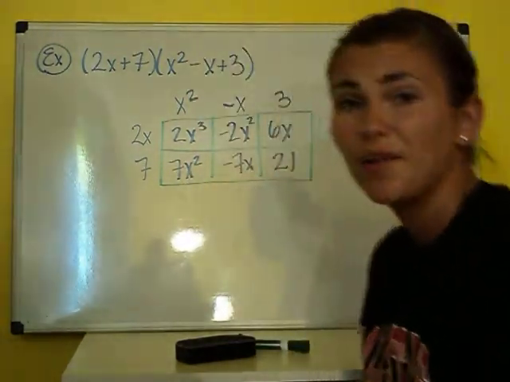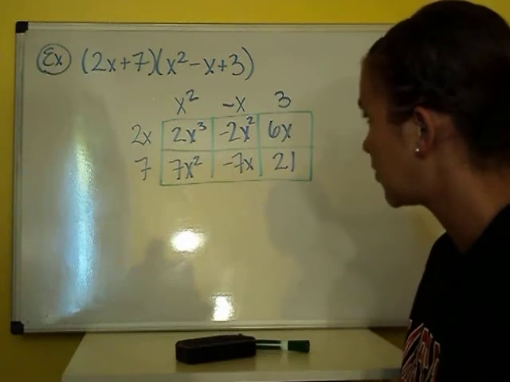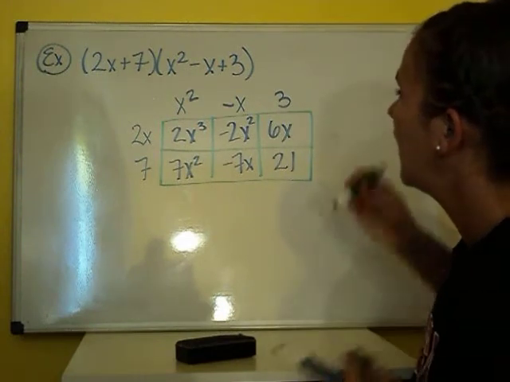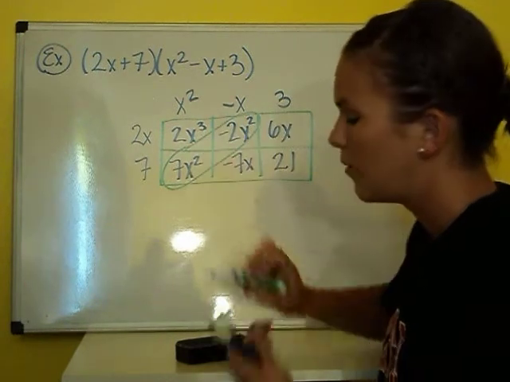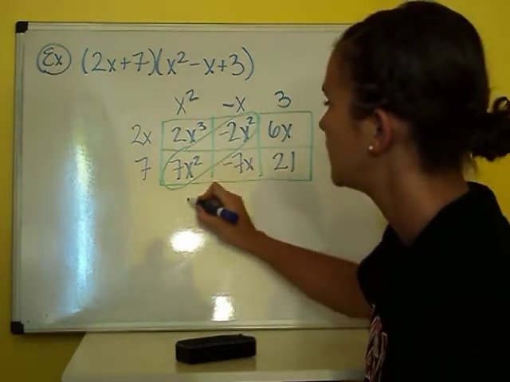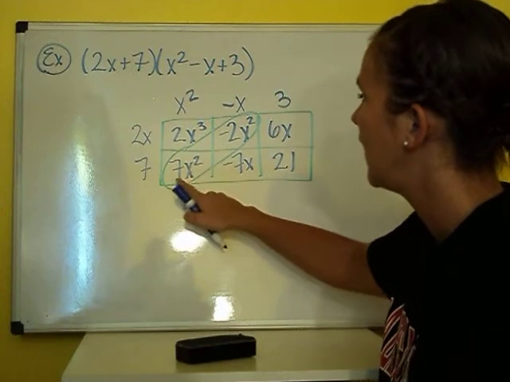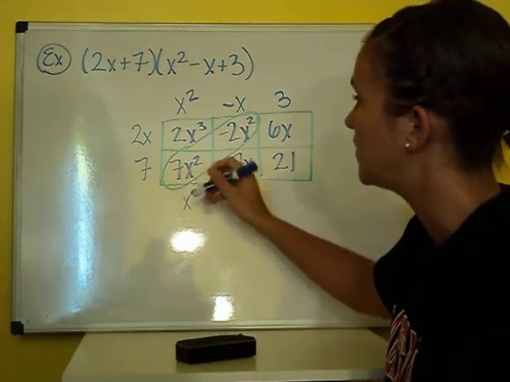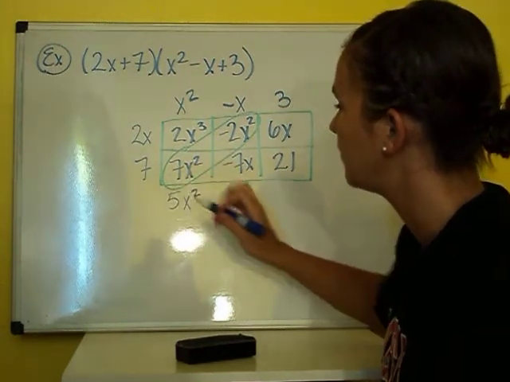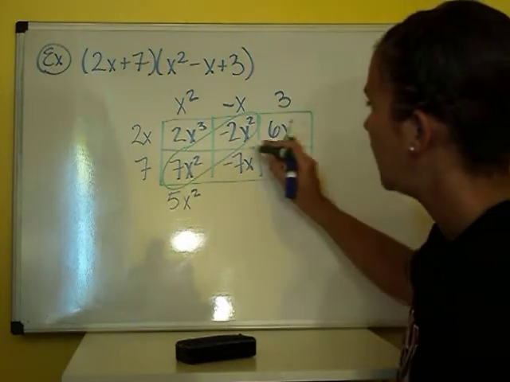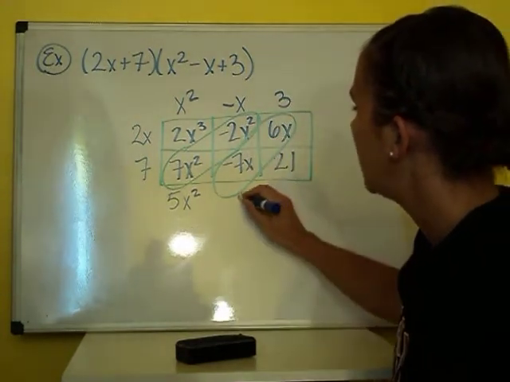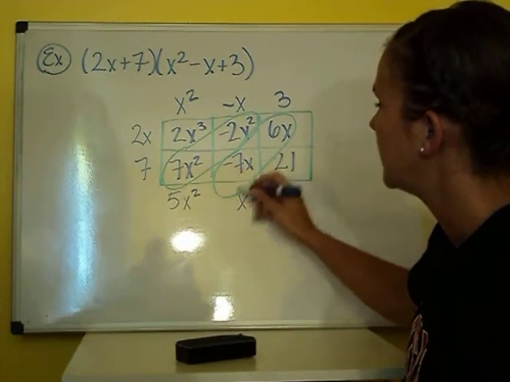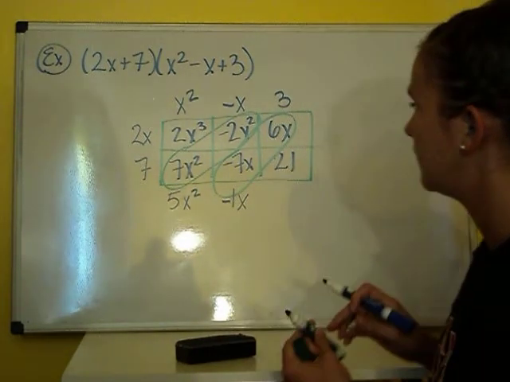Okay, now we're going to sort through and look for like terms. Here I have x squareds that I want to combine. Remember, the label stays, so the x squared stays. And then I combine like terms. 7 and negative 2 is 5. Here I also have x's. The label stays. Negative 7 and 6 is a negative 1.